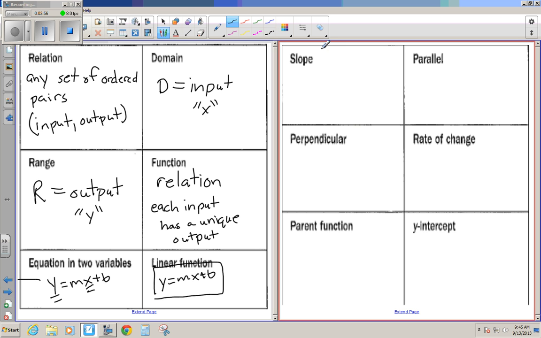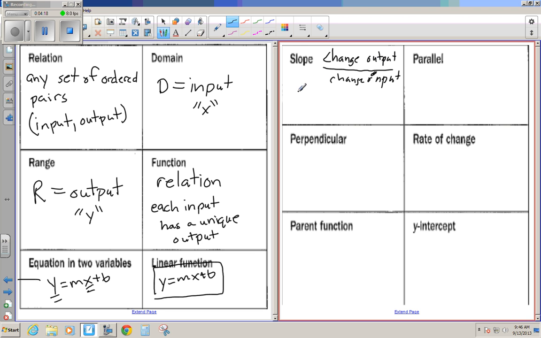Slope. There are a lot of ways to use slope. Slope's definition is the change of the output divided by the change of the input.